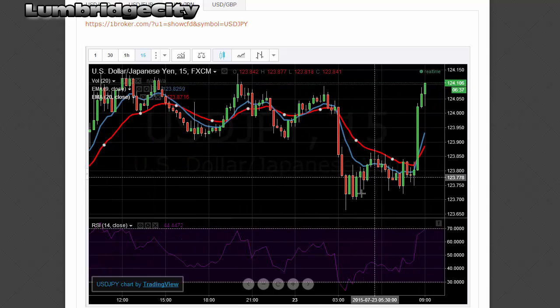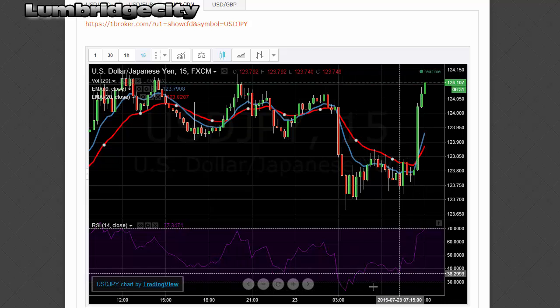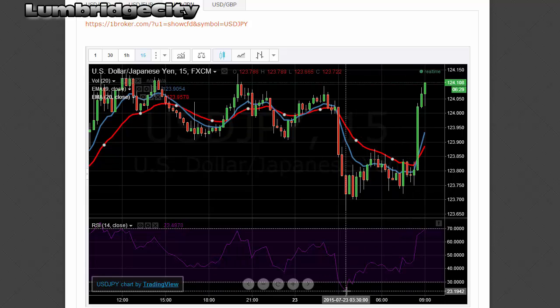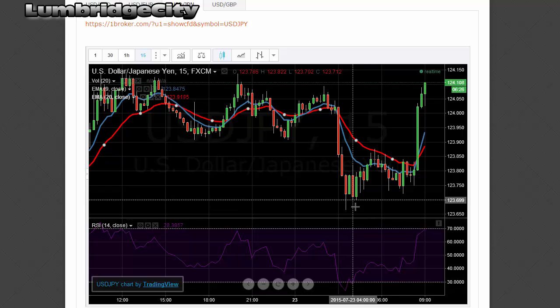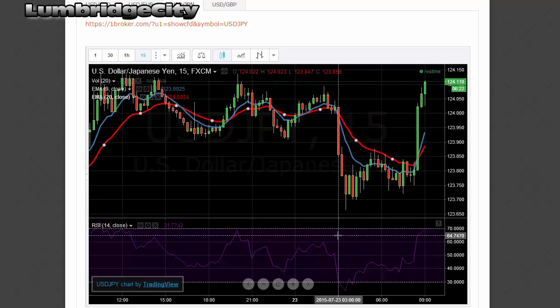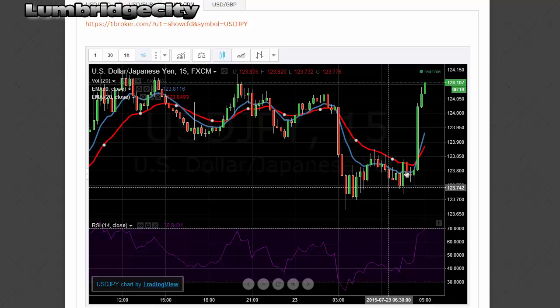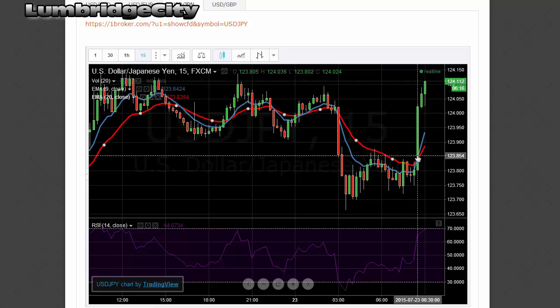So here's my 1, 2, 3 bottom formation. The price is crossing over. The relative strength index is showing a kind of a divergence here, where we have it really low at this area and a little higher here relative to the prices. Not a real strong divergence in the RSI, but still we have the crossover here at this time.